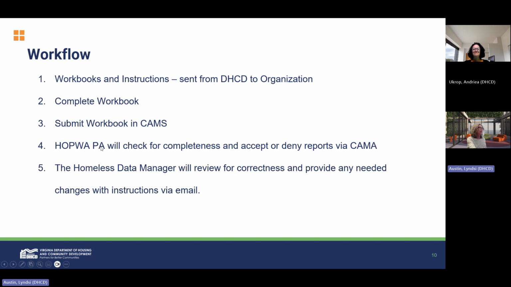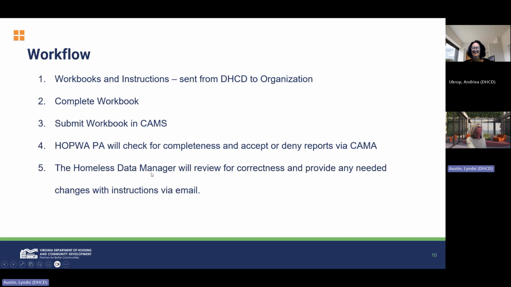Our HOPWA program administrator is going to do an initial check to make sure they're complete and accept or deny reports. In that case, the report would be denied only if it's not 100% complete. And we'll make a correction here for future PowerPoints for CAMS and not CAMA, but it is via CAMS. Yes, that is true.